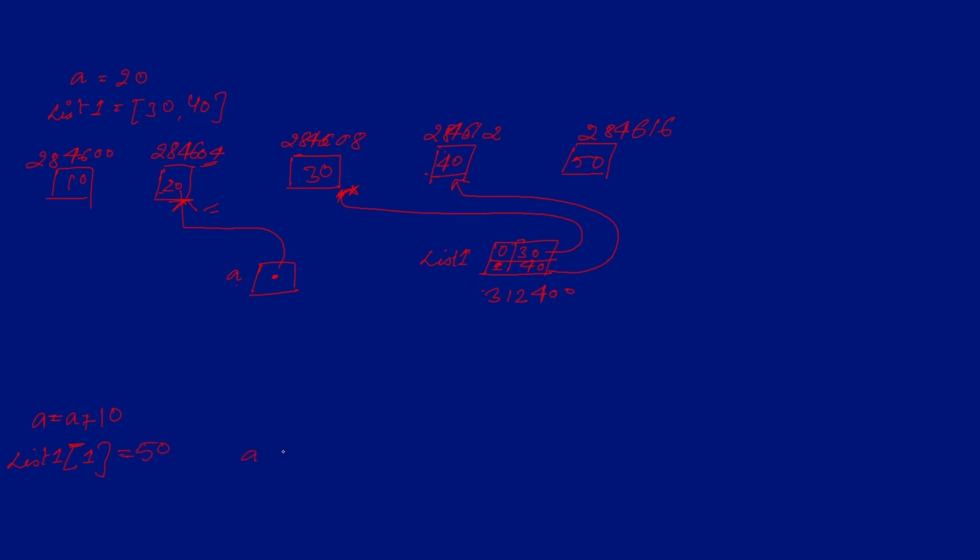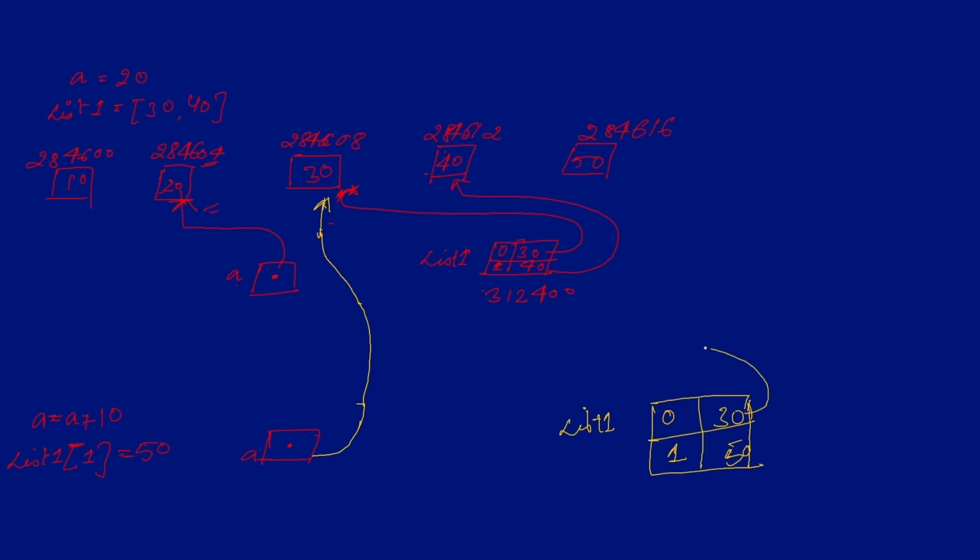Now our a will refer to a new value. Earlier a was 20, plus 10 is 30, so it will refer to this value. And list1 has two elements, 30 and now it has 50 at the second location, so this will refer to this value and this will refer to this value.